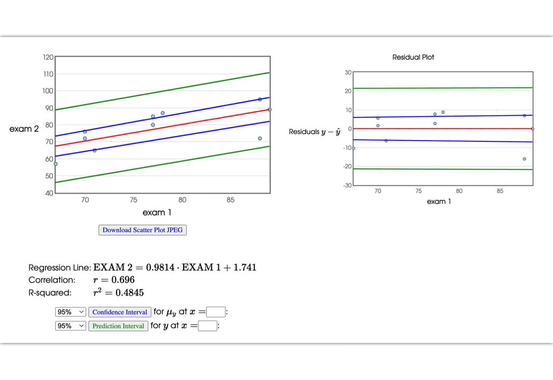No outliers, I can continue on. So this would have actually been part of my conditions.